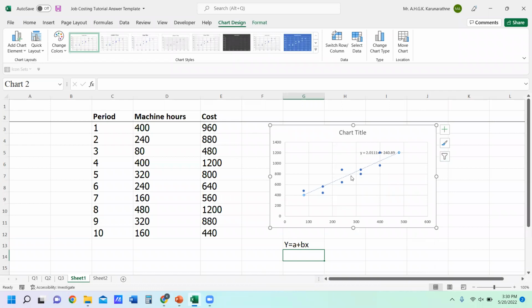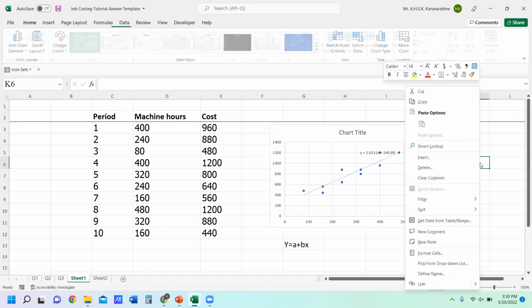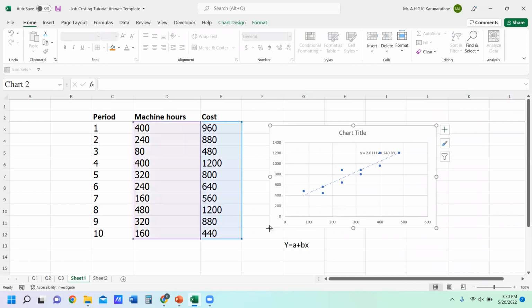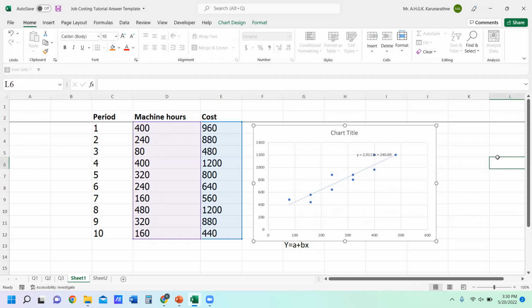So you can see the trend line is automatically developed by Excel, and the chart is given. What is the formula?